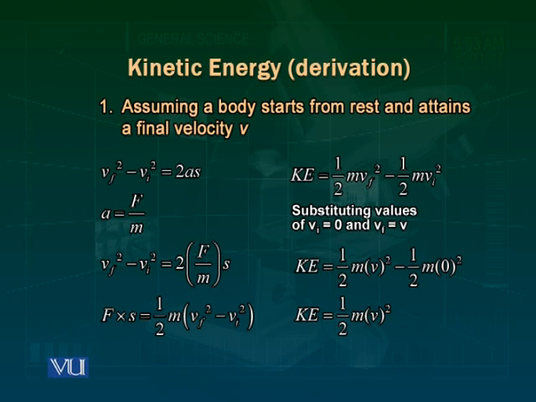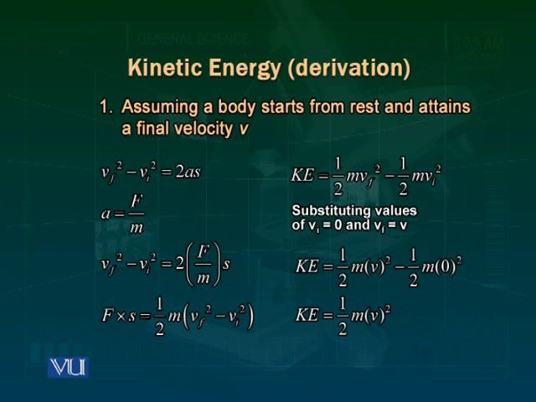Now, acceleration is defined as force divided by mass. Putting this value of acceleration into the third equation of motion, we find vf squared minus vi squared is 2F by m multiplied by s, or force into distance is going to be half m times (vf squared minus vi squared). Now, like we supposed in our problem, the initial velocity was 0.